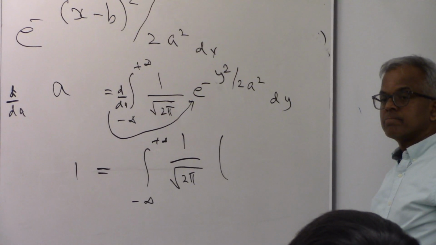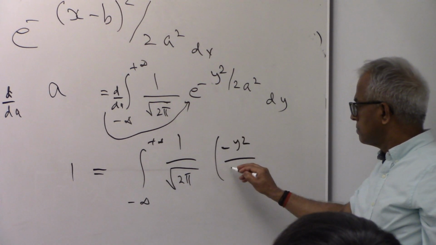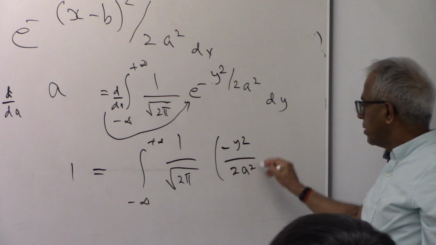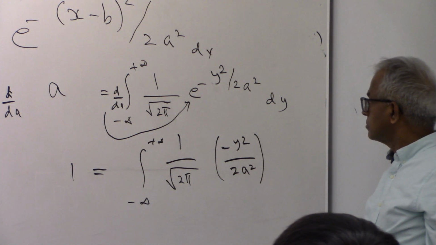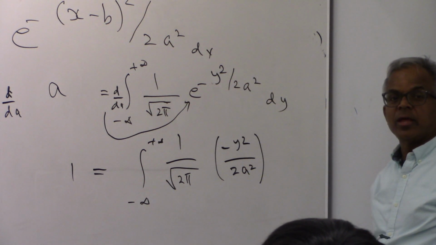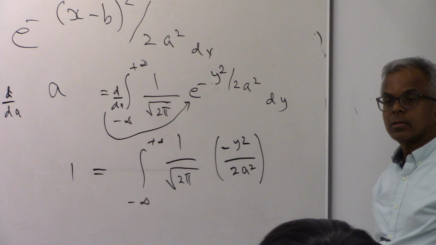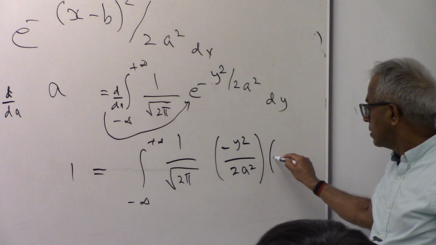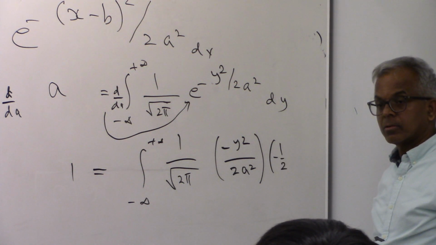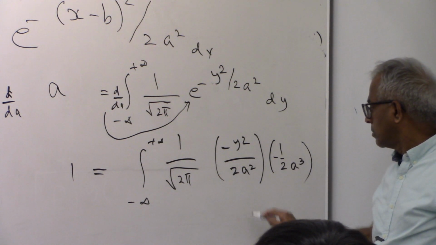Itself, multiplied by what? What is the derivative of this with respect to a? The denominator is a cubed, minus a cubed, and minus 1 over 2 in front of it.